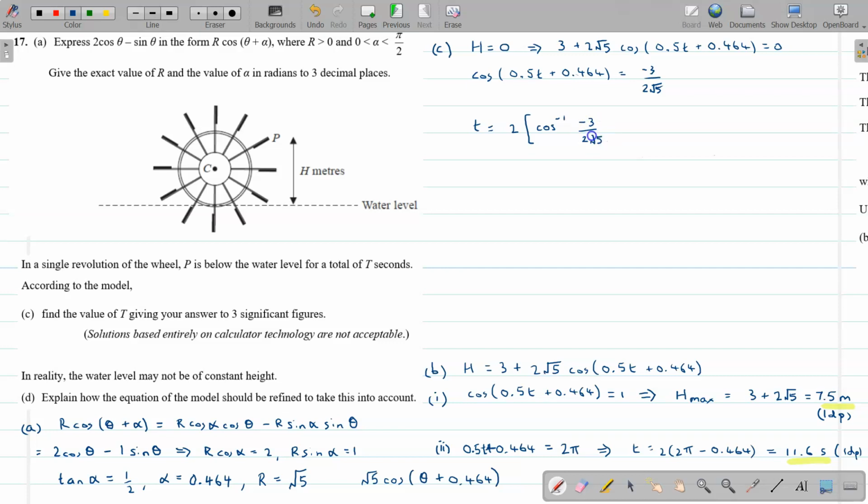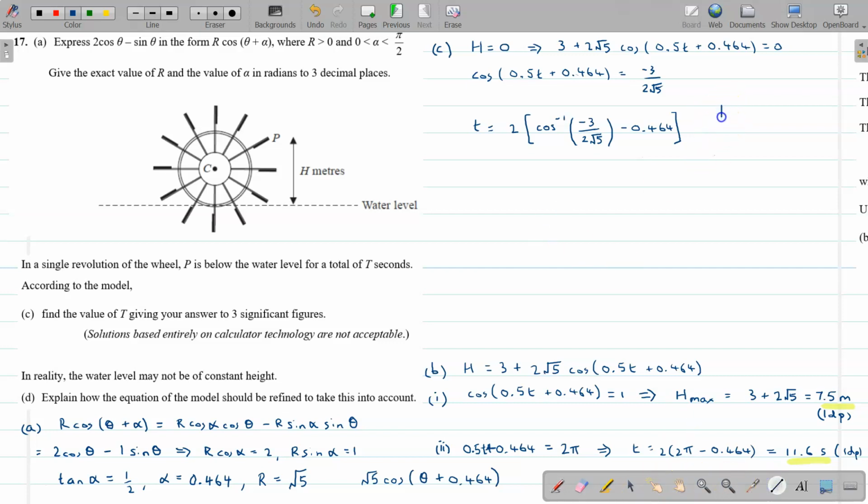Okay, and there are going to be two values of that, which will be the value where it enters the water and leaves the water. Those two values for the inverse cosine in radians are, well, I'll show you on a little graph what I'm actually doing, and it might make some sense.